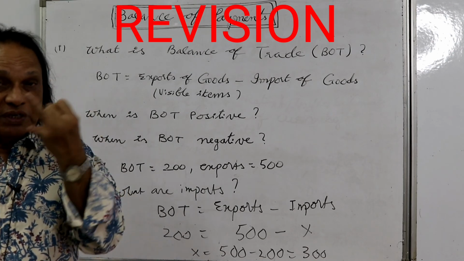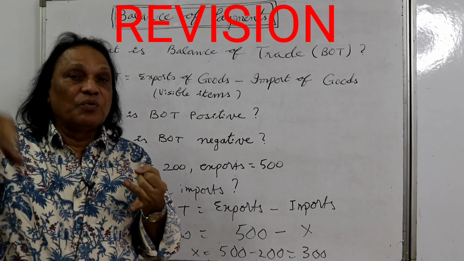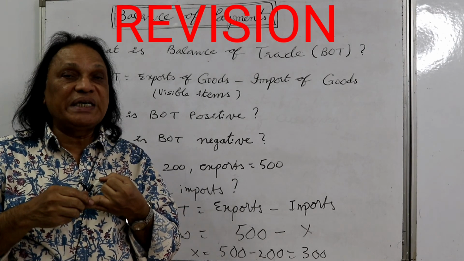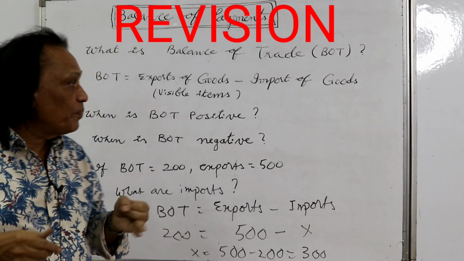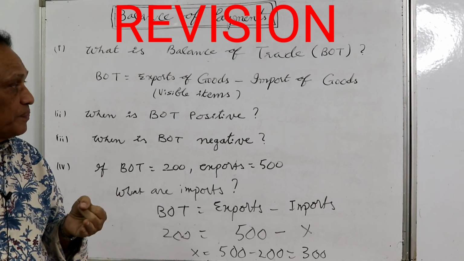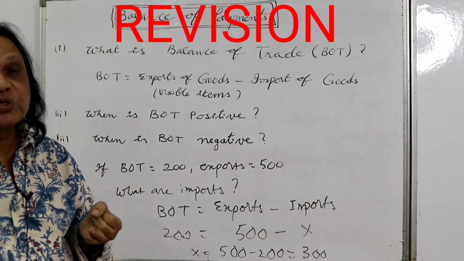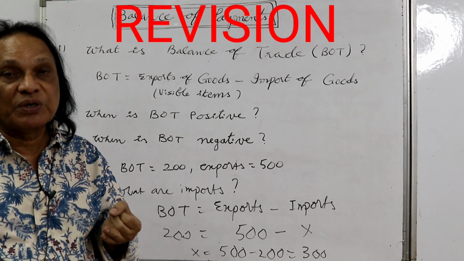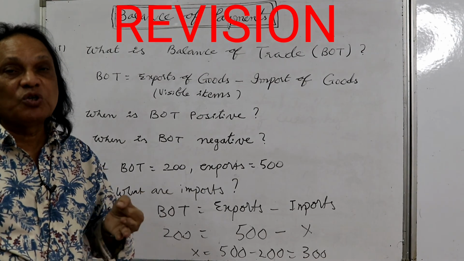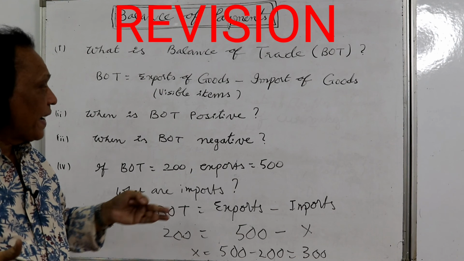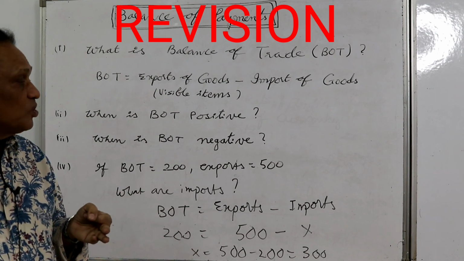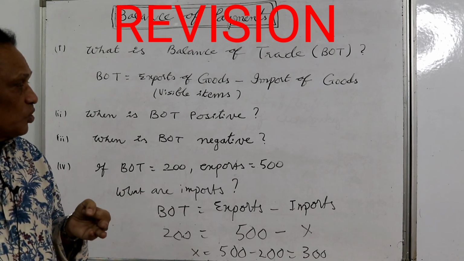So the next question we discussed, when do you have a positive BOT or surplus BOT? You have positive or surplus BOT when exports of goods is greater than import of goods. When do you have a negative BOT?